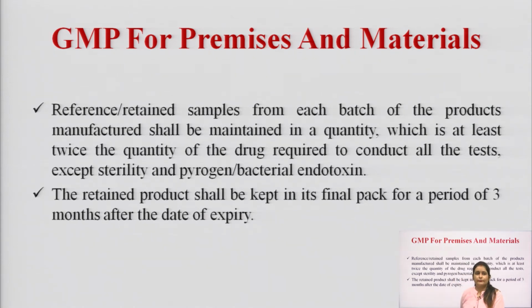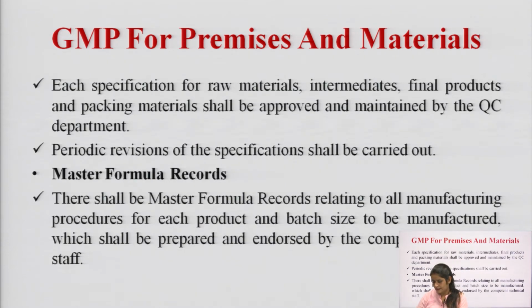Okay, the retained product shall be kept in its final pack for a period of 3 months after the date of expiry. Each specification for raw material, intermediate, final product and packaging material shall be approved and maintained by the quality control department. Periodic revision of the specification shall be carried out only and only by the personnel of the quality control department.